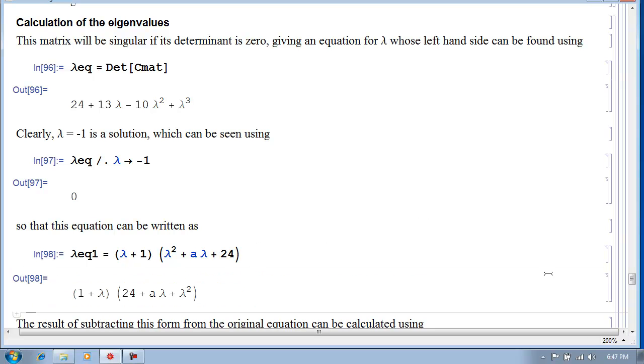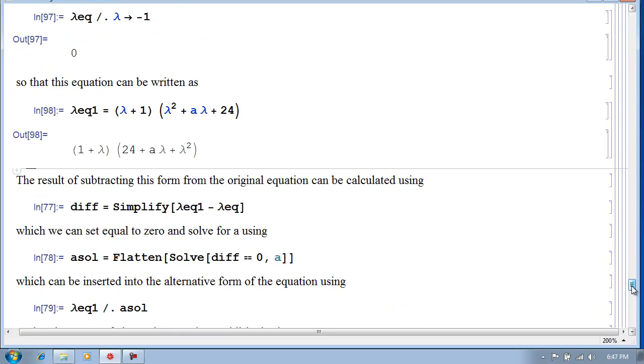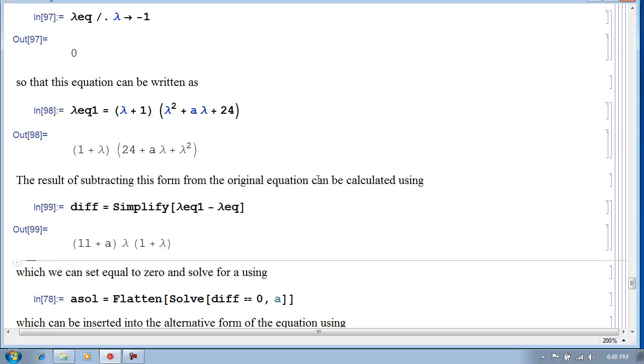And now if we subtract that from the original form, then that should give us an equation for this parameter a we don't know. And if we look at this, we can see that indeed that's true if a is minus 11, so we solve that for a.